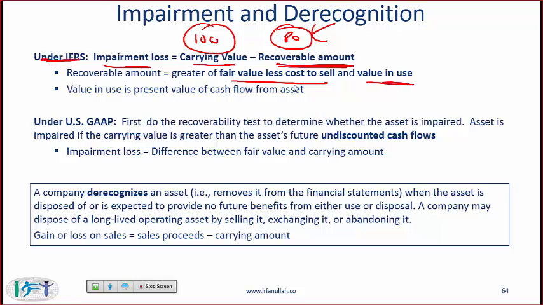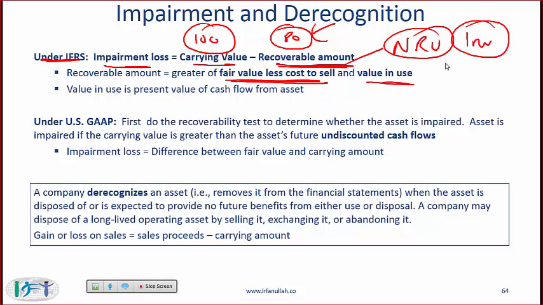Here we are talking about IFRS. This term, fair value less cost to sell, sounds a lot like net realizable value. Net realizable value, however, is used for inventory. It's not used for long-term assets. But the concept is similar. Fair value less cost to sell. The other item here is value in use, which is the present value of cash flows from that asset.